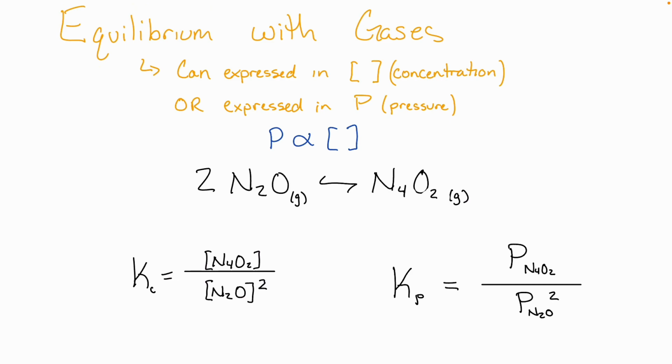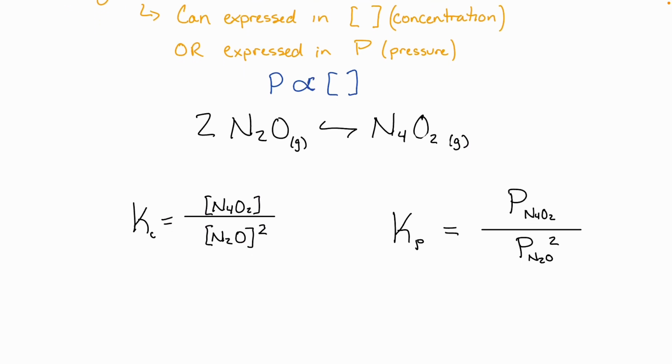If you cut the pressure by 20%, you've cut the concentration by 20%. Okay? Y'all can trust me. The book does a derivation using the ideal gas law, or y'all can trust me on that. But the bottom line is, since these two are directly proportional with one another, we're allowed to define our equilibrium expression either in terms of concentration or pressure. And you'll see either or.